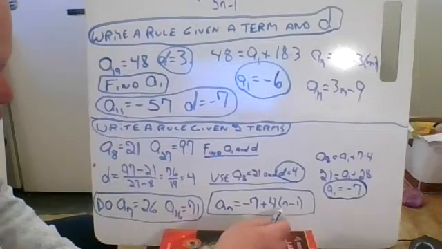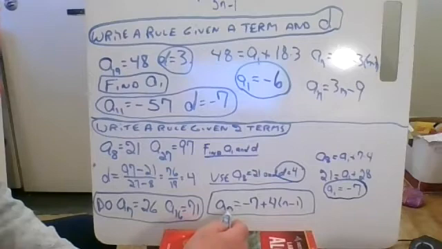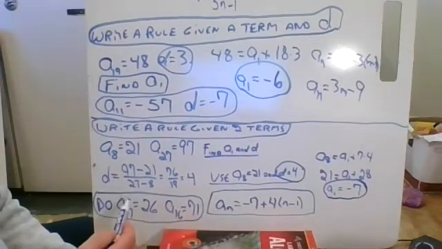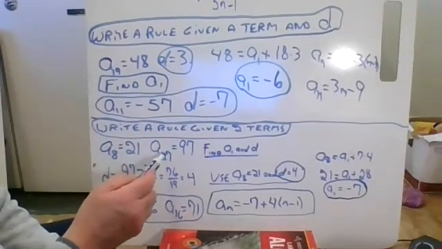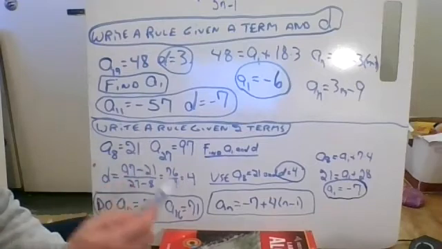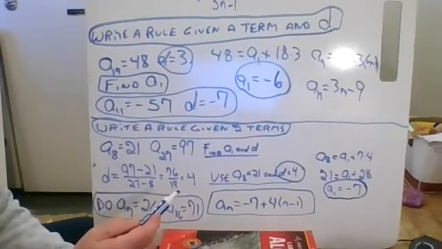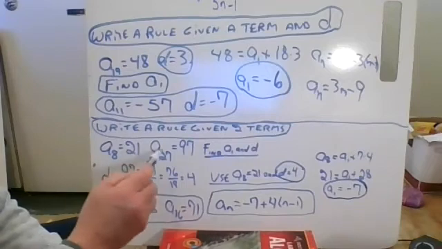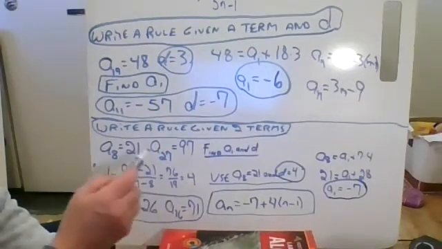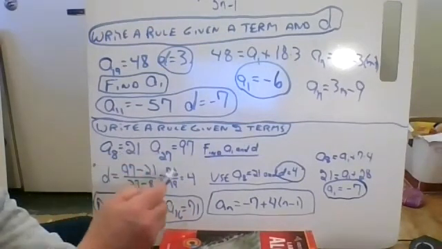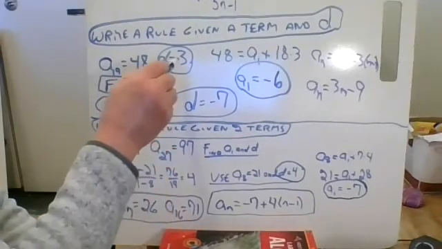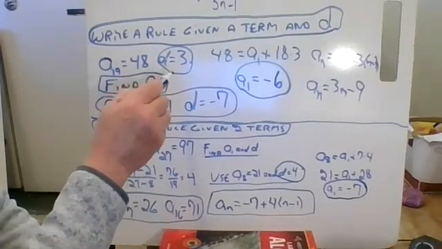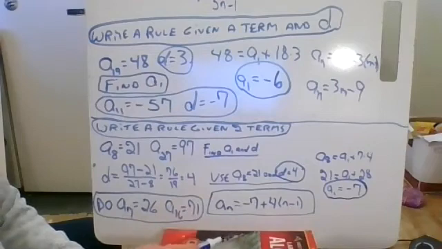It would be 4n minus 11 if you simplified it. So given two terms, you can find the term generator by first finding d and then using a term with d, which is what we did up here. And that gives you your formula.